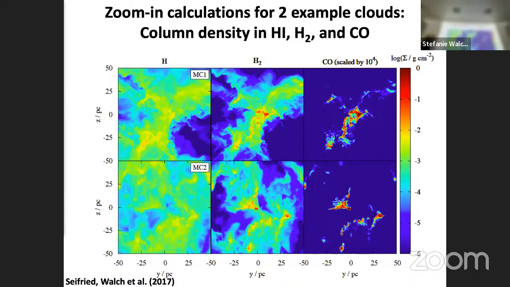And in fact, all of it is enveloped, and the atomic hydrogen is also mixed in within the molecular cloud. So although most of the mass might be in molecular gas, there's a lot of atomic hydrogen still hanging around.